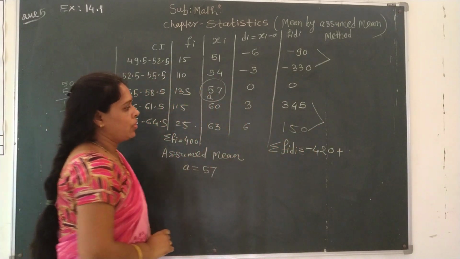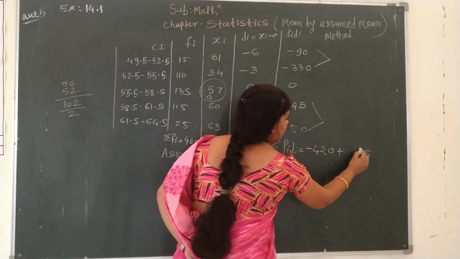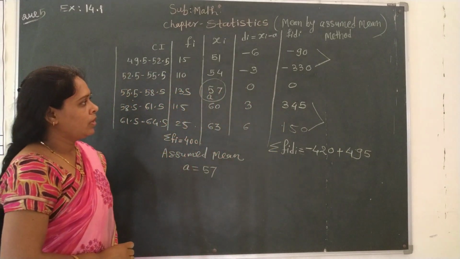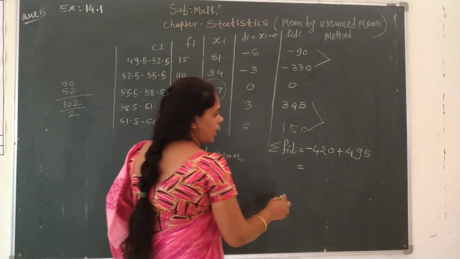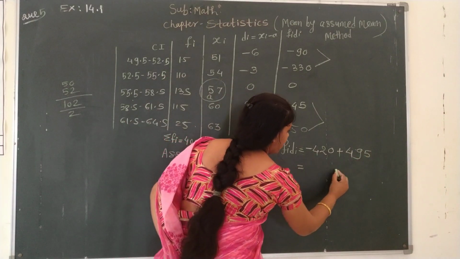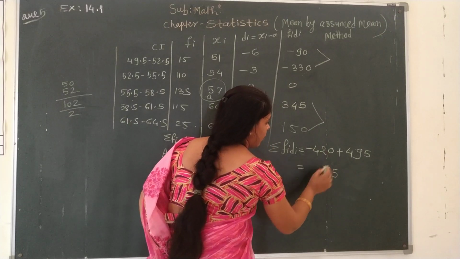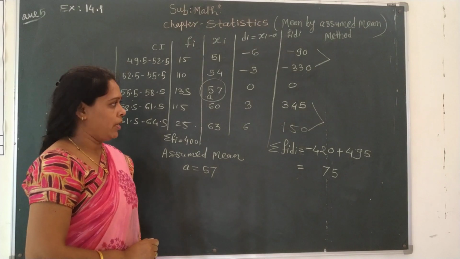Addition of these positive numbers is 0 plus 5, 9 and 4, it is 495. Now negative and positive cancel, and the value will be 5, 7, 4 get cancelled. The summation fi di is equal to 75.